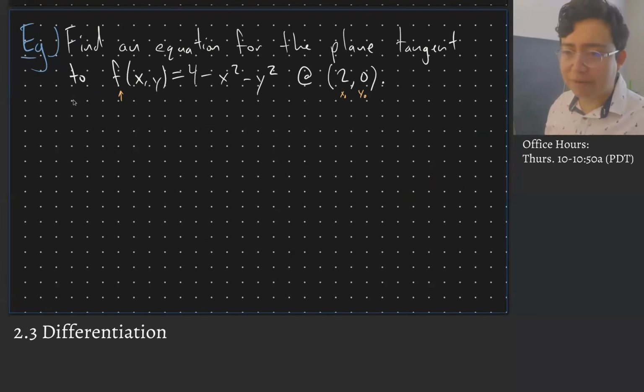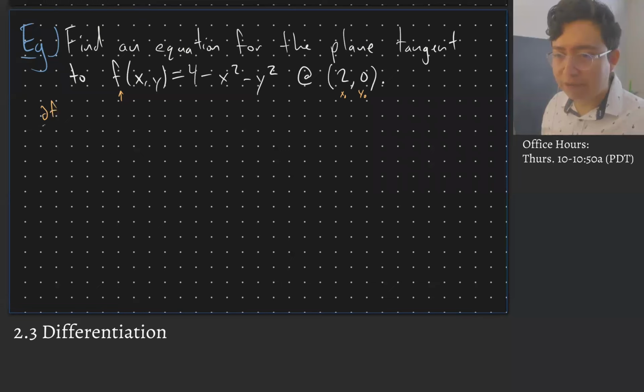So let's start by taking the partial derivatives. df dx: with respect to x, the 4 and the minus y squared do not change, so their derivatives are 0.